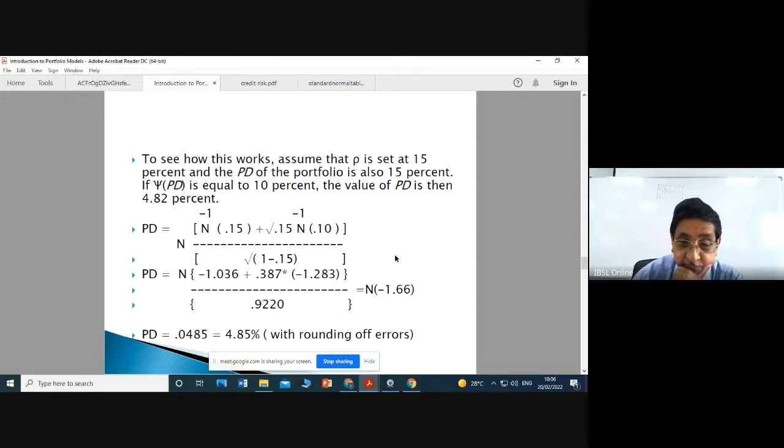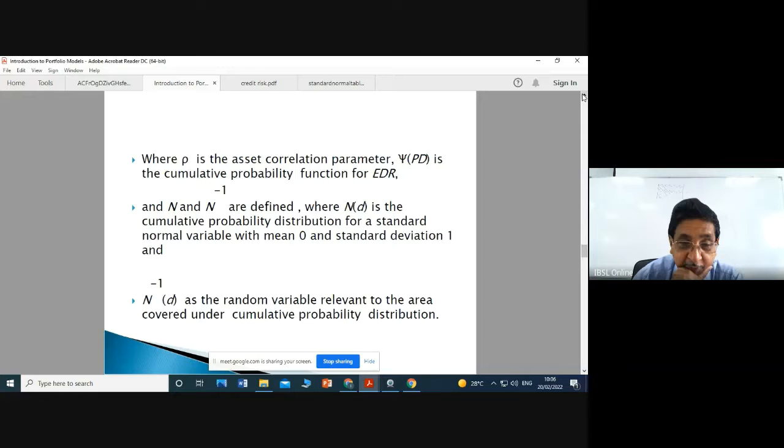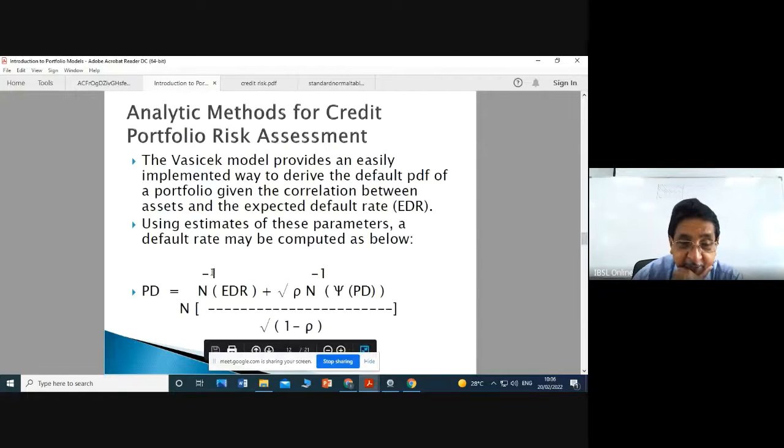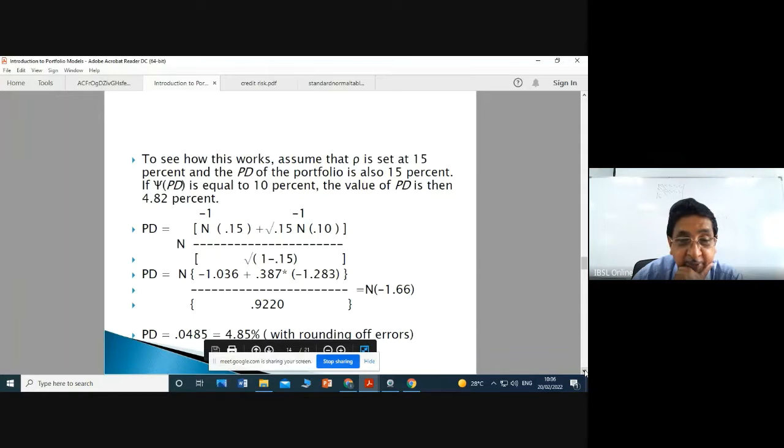Now, see. When you go to the formula, you find N minus 1, that is N inverse, of EDR. EDR is the expected default rate. As per the problem, the expected default rate, that is PD, is 15%. So that is why we put it as 0.15 here. N to the power minus 1, 0.15, plus the rho, the correlation, set at 15%.